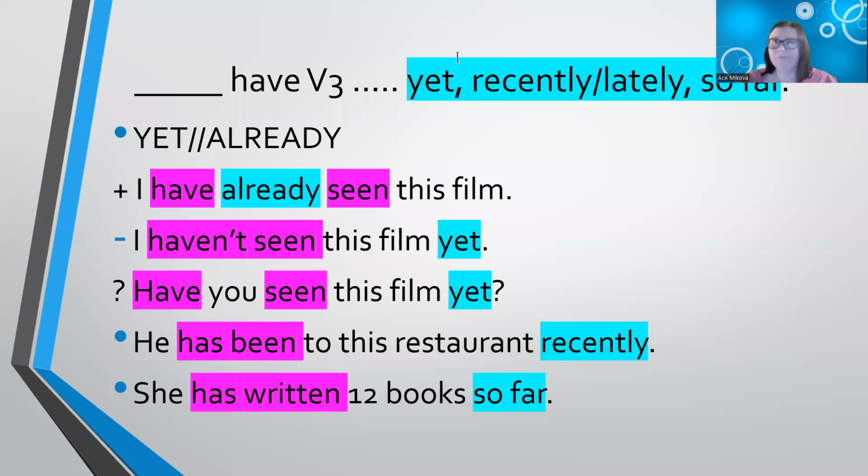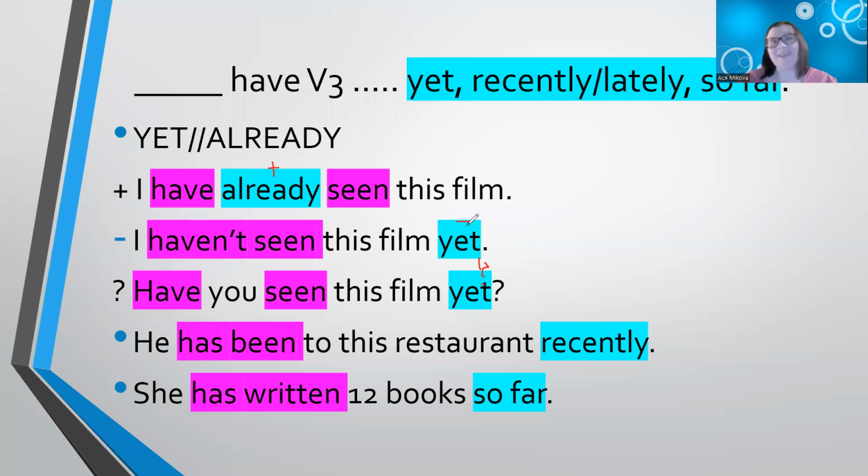Already, do you remember? Yeah, уже. But already we use in the middle. Yet we use at the end. And already we use in positive sentences, yet we use in negative sentences and in questions.